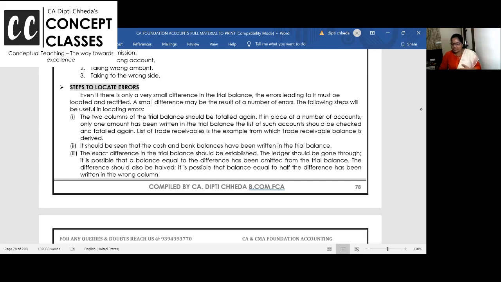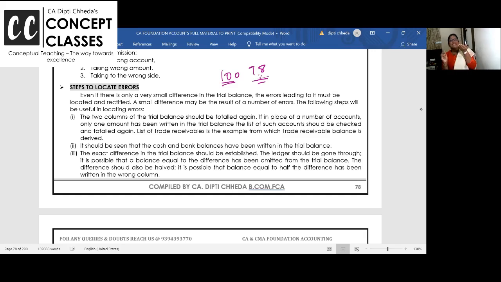Okay, right. So when you prepare the trial balance and if it is not tallying, that means there is a mistake. And suppose the debit side total of the trial balance is 100, credit side is 90. That also doesn't mean that it is actually a mistake of 10 rupees. I hope you are getting it.